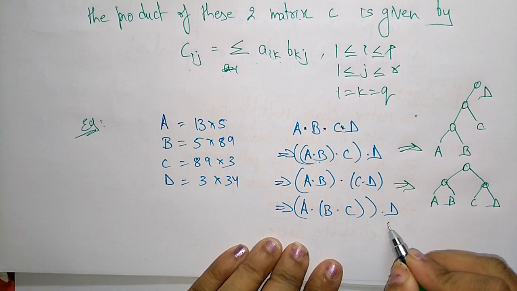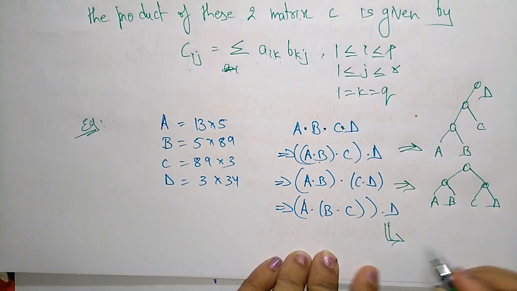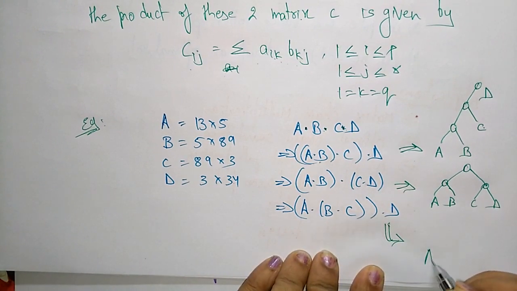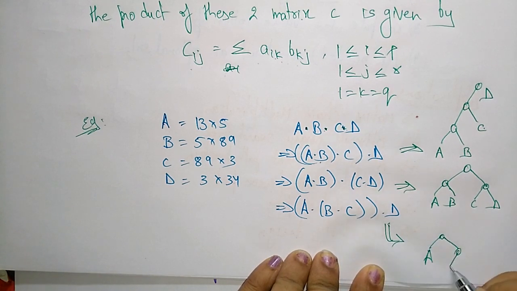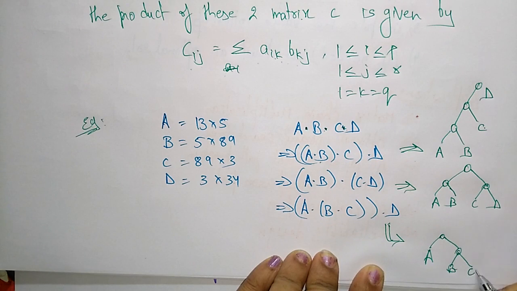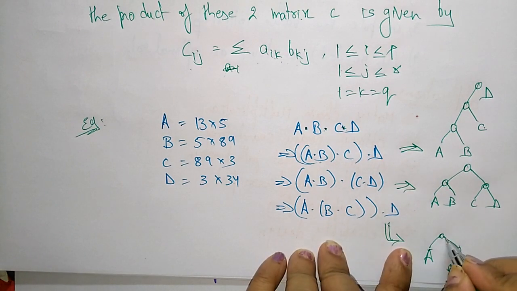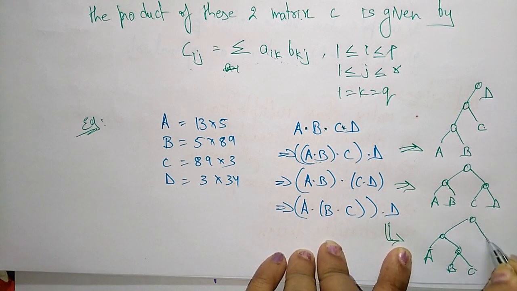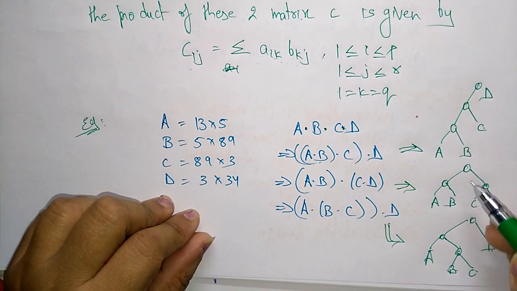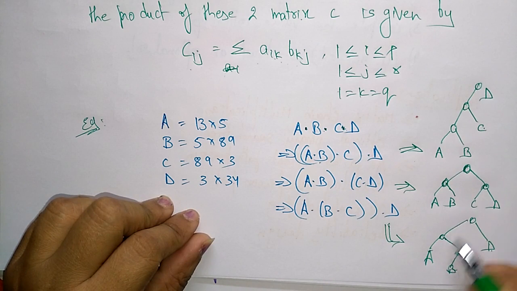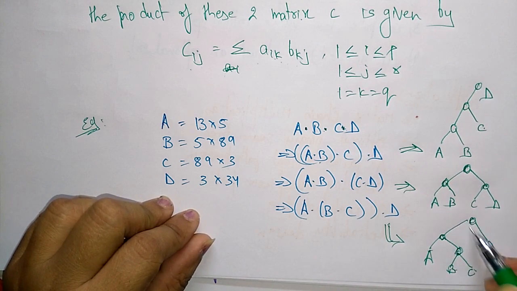And next it can be like this: B and C are multiplied first, the result is multiplied with A, and the final result is multiplied with D. So all the trees have only three nodes, meaning three multiplications, but the structure is different.